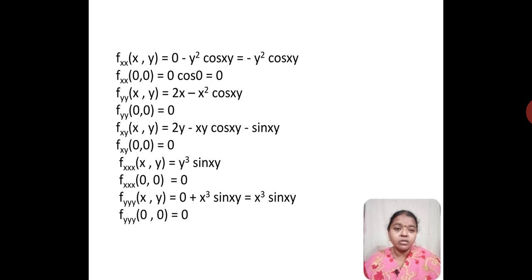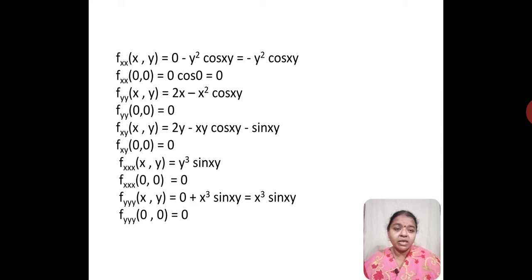Next, let us find out what is f triple y of x comma y. This is nothing but we are going to partially differentiate f double y with respect to y. So first term is with respect to x, so it's a constant, obviously it becomes 0, minus x square is a constant. Let me differentiate cos xy partially with respect to y.